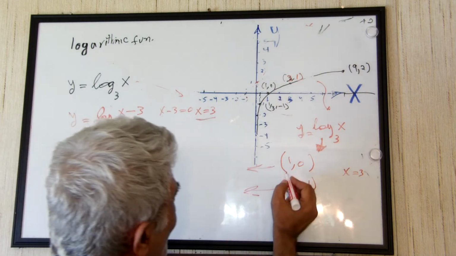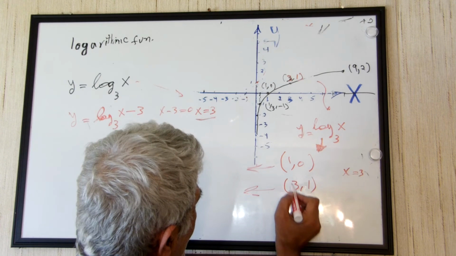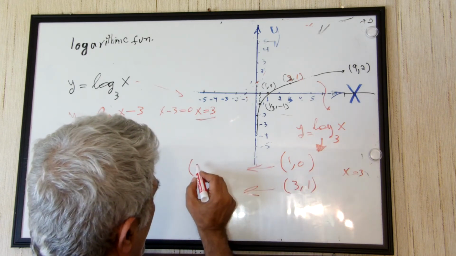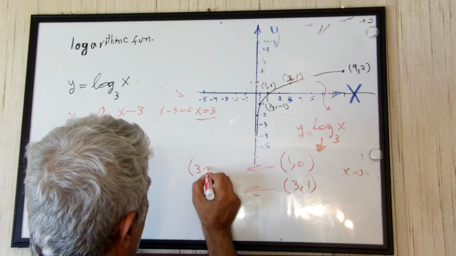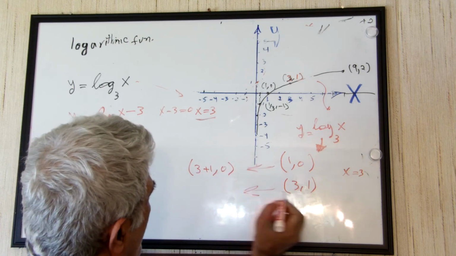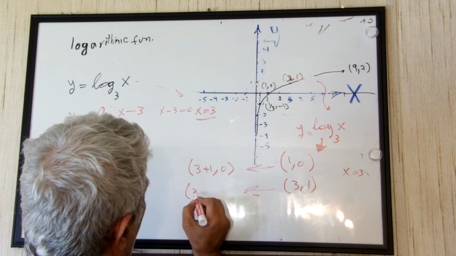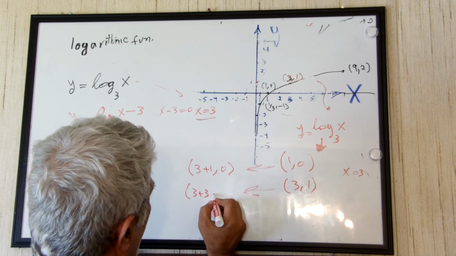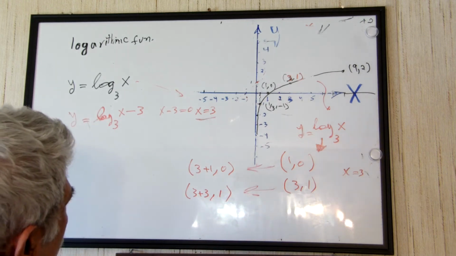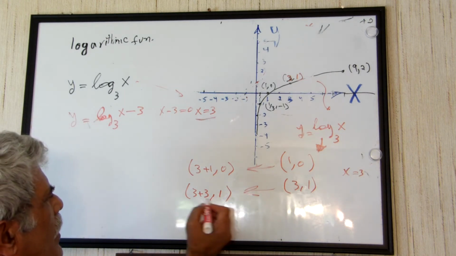So every x coordinate is going to shift. It's going to be 3, you add them up, 3 plus 1, and then 0, and then you add this one, 3 plus 3 with 1 for y.